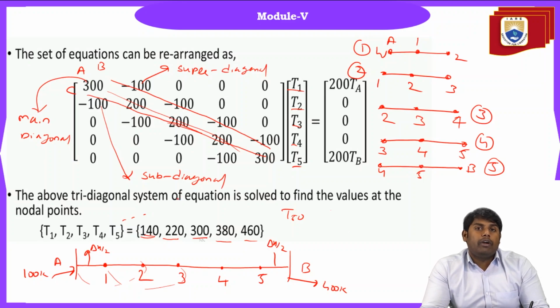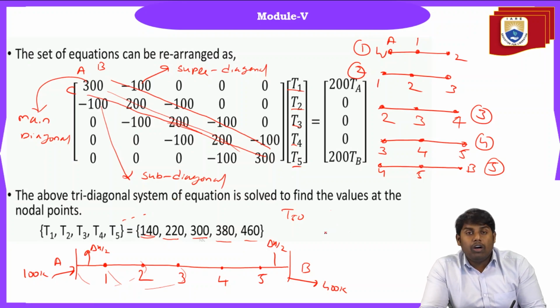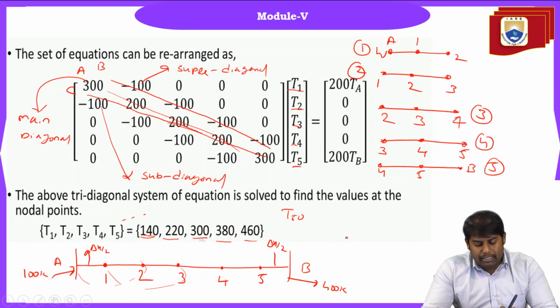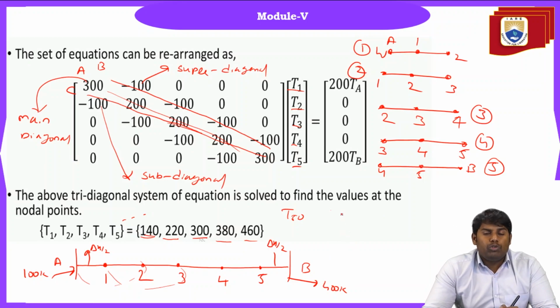Then the temperature profile with respect to x has started to show some smooth nature. If you take more points, it will be very smooth. If I take fewer points, what is happening? It has a non-smooth profile.